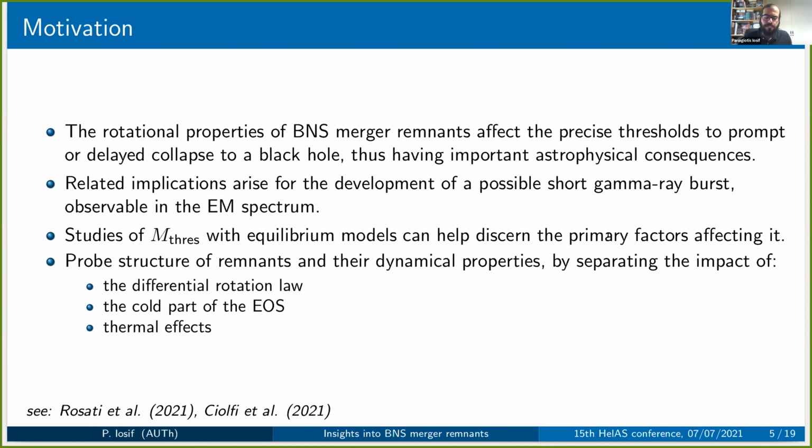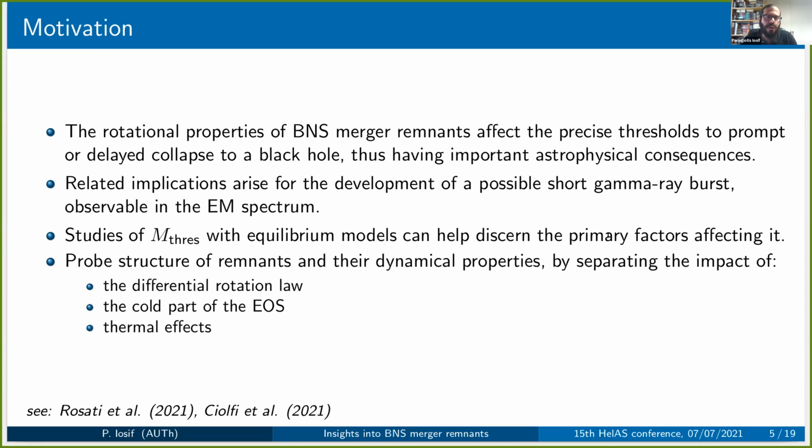And to wrap up this initial motivation part, it is expected that the rotational properties of remnants from binary neutron star coalescences can affect the precise thresholds that lead either to prompt or delayed collapse, and this can have astrophysical consequences.